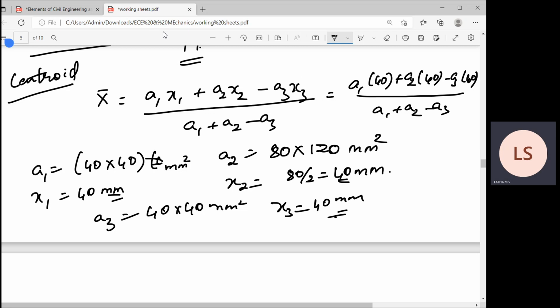I'll take 40 common: 40 times (A1 plus A2 minus A3) divided by (A1 plus A2 minus A3). This cancels, so I'm left with 40 mm as the x bar value.